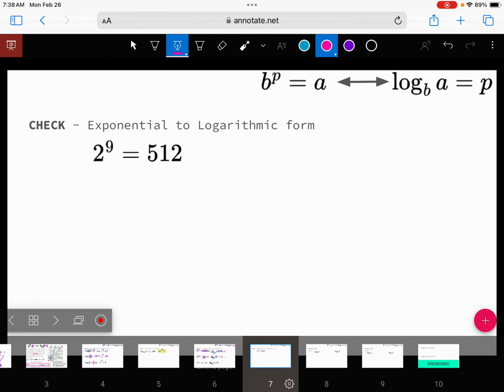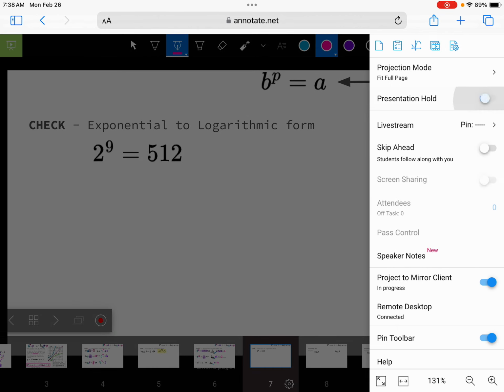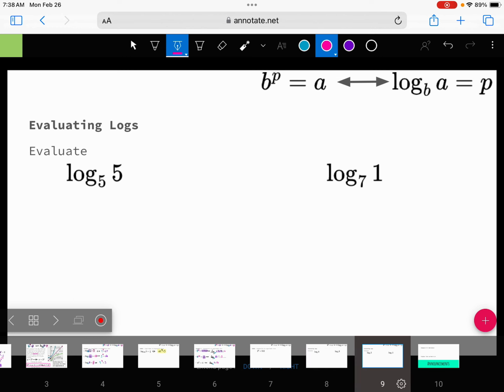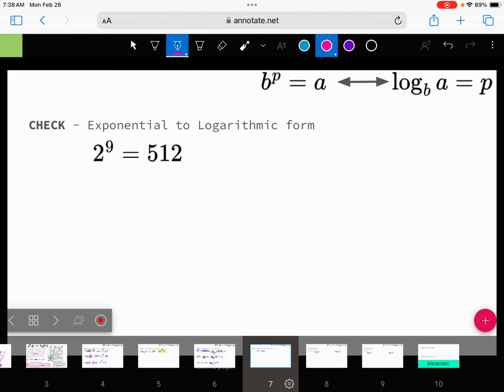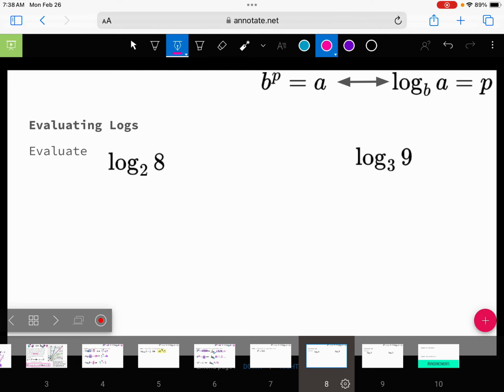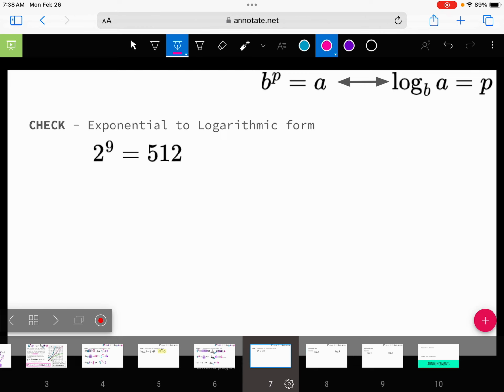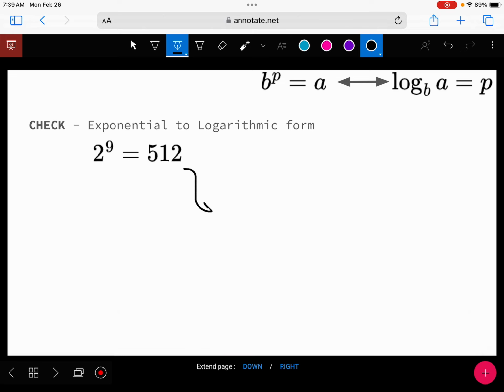All right, write this one as a logarithm. I want you to try it. When we write this as a logarithm, what do we get?